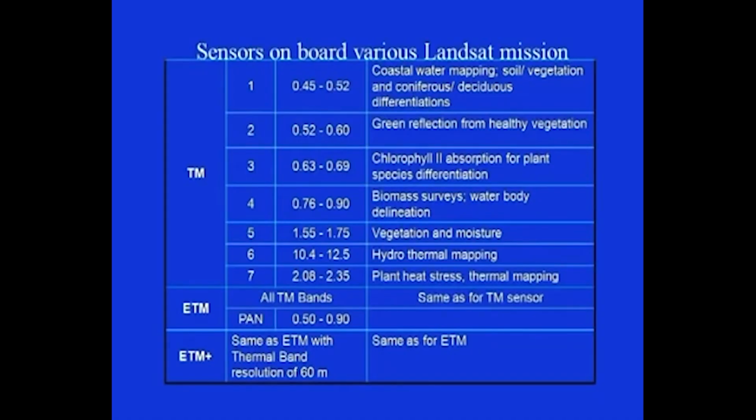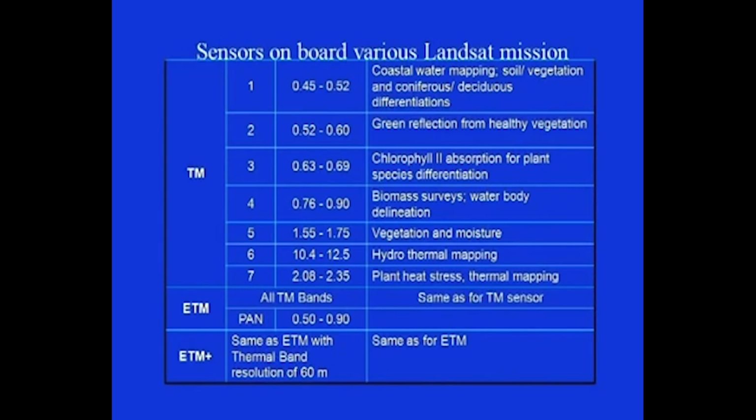TM has 7 bands. Band 1 operates in the region of 0.45 to 0.52 and can be used for coastal water mapping, soil and vegetation, and coniferous and deciduous tree differentiation.